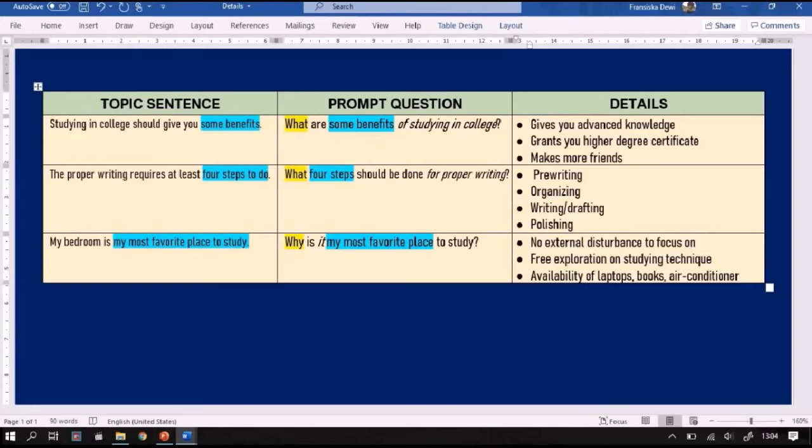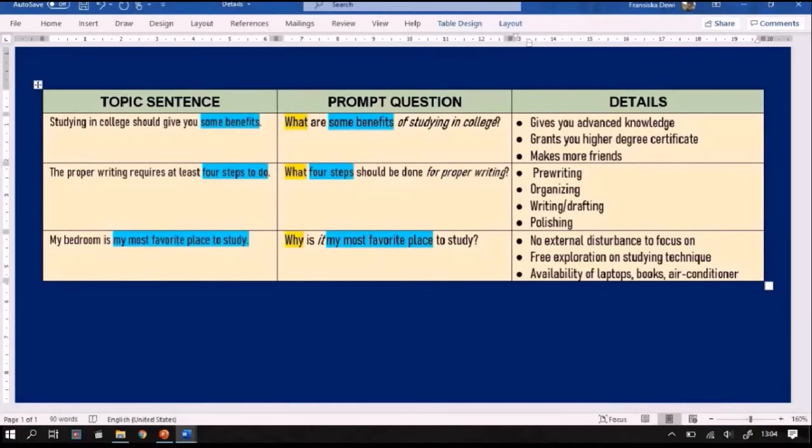The benefits are giving the advanced knowledge, granting the higher degree certificate, and making more friends. And then for the proper writing one, there are 4 steps. And the last one is why my bedroom is my most favorite place to study, and here I give you 3 examples. So here are the details that we are going to develop later into supporting sentences.